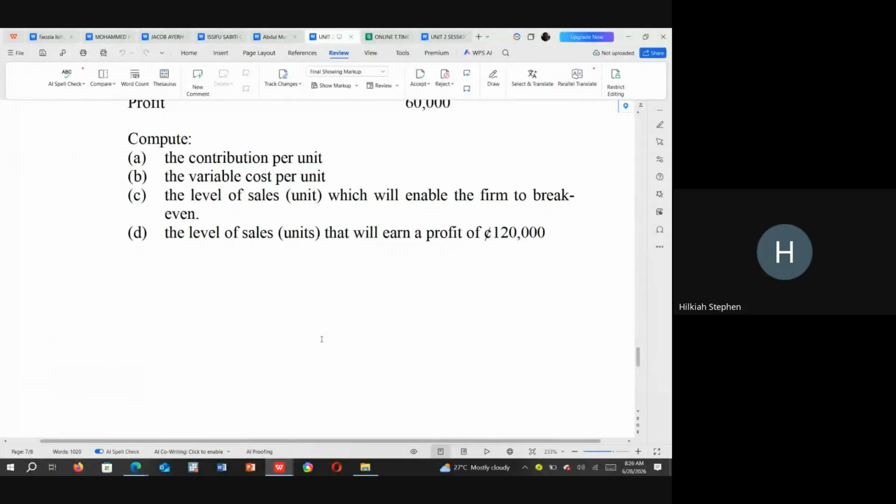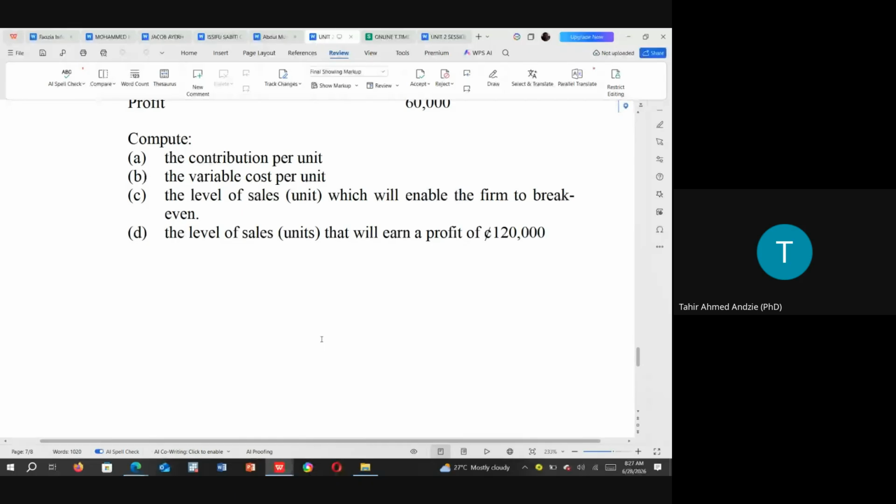It is target profit in units. Don't say break-even target profit, you confuse yourself. Break-even quantity and break-even sales are different from target profit quantity and sales, right? Don't confuse the two. So, target profit in units.